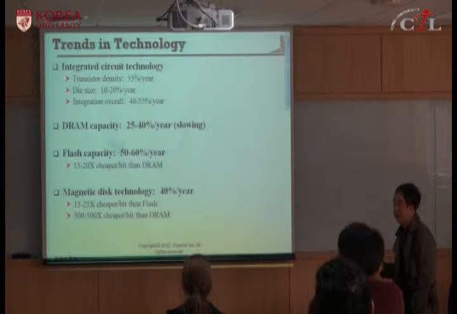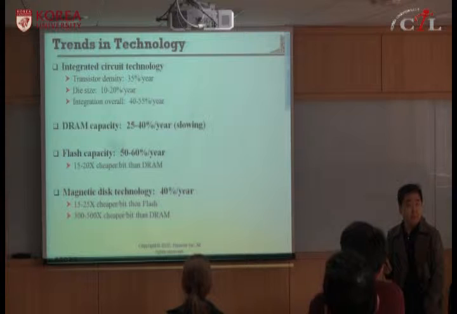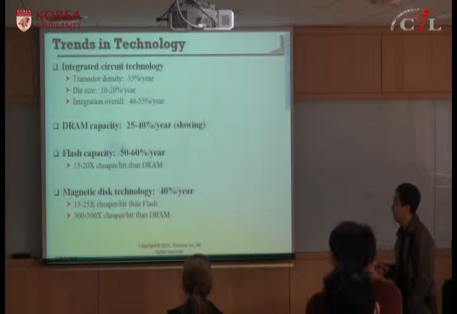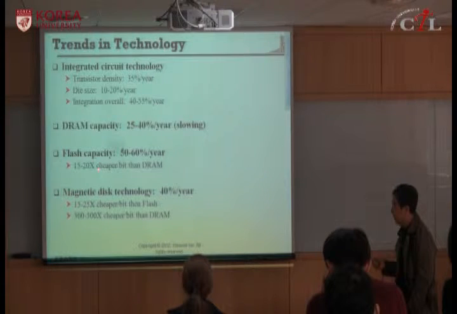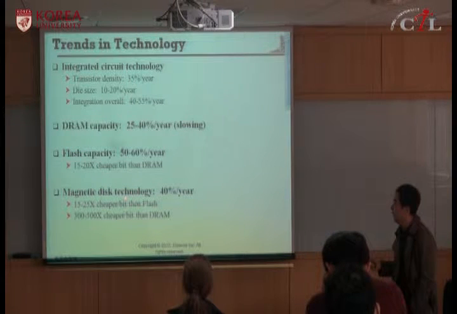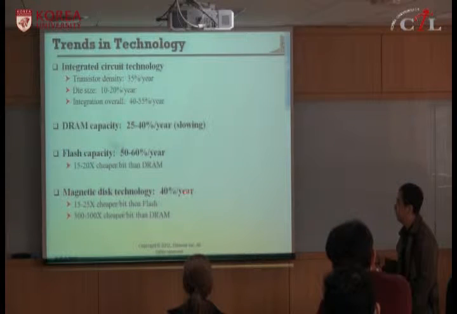Flash memory, this is EEPROM. The capacity is increased faster, 50 or 60% per year. It's approximately 20 times cheaper than DRAM. Disk technology, the capacity has been increased about 40% a year.